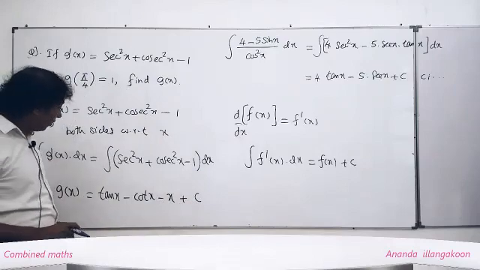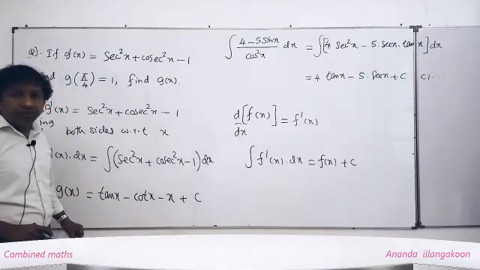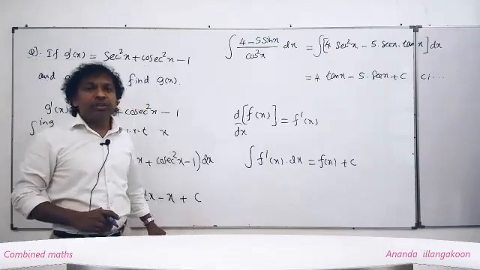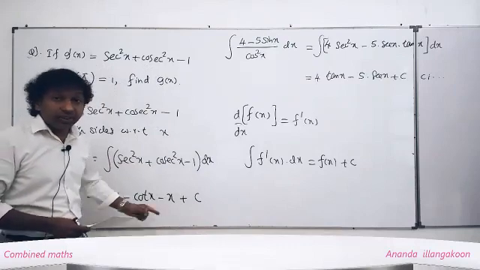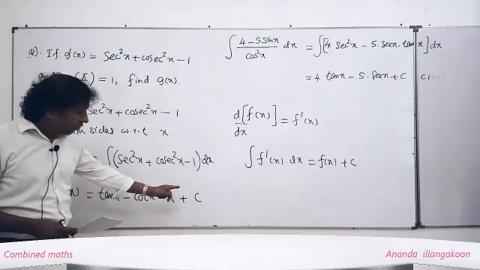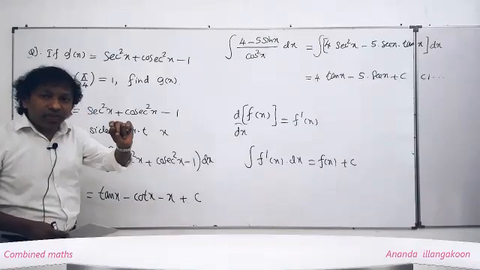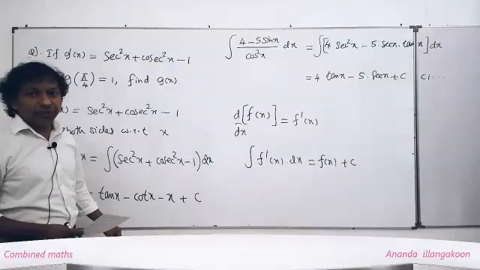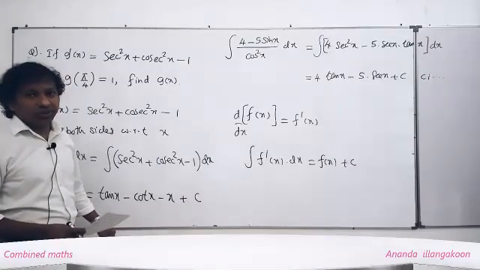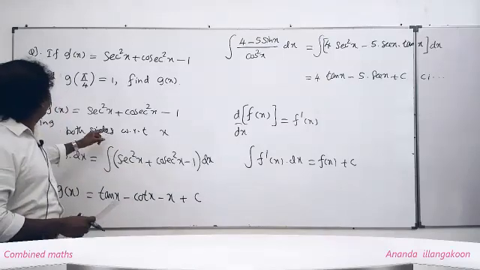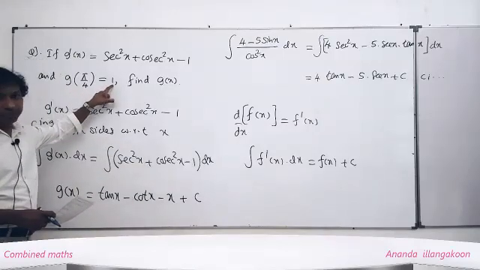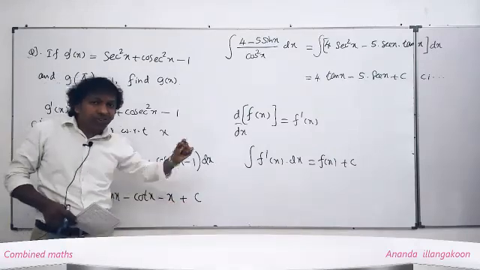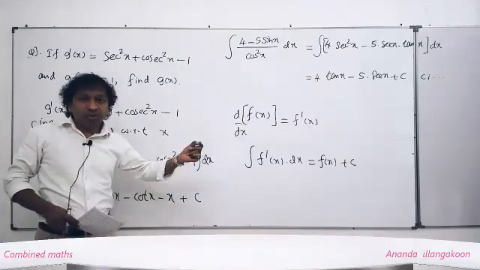See, here this c is not an arbitrary constant in this case. After finding this c you will realize it has a specific value, so we must be careful not to write arbitrary constant. Because we are given g(pi/4) as 1, this c must have a specific value, not any value.